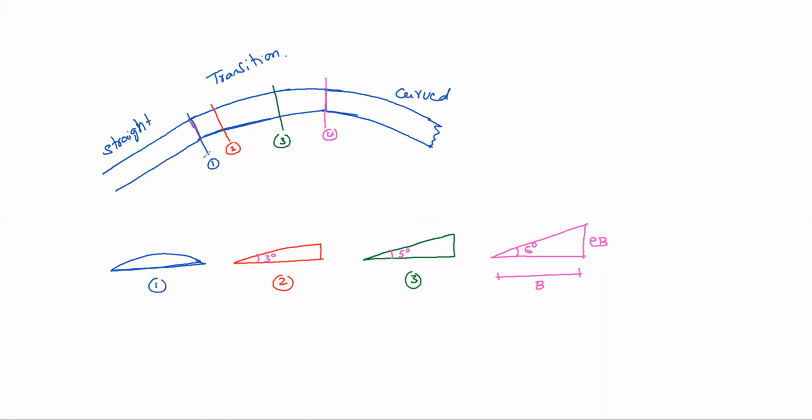So 1 to 4, how it changes you can observe here. Not only super elevation, this extra widening you can observe here, extra widening also will be increased.